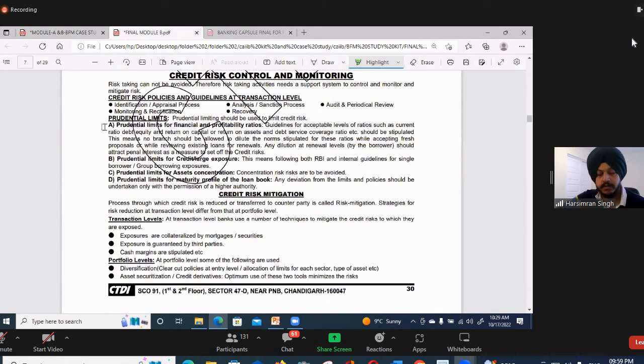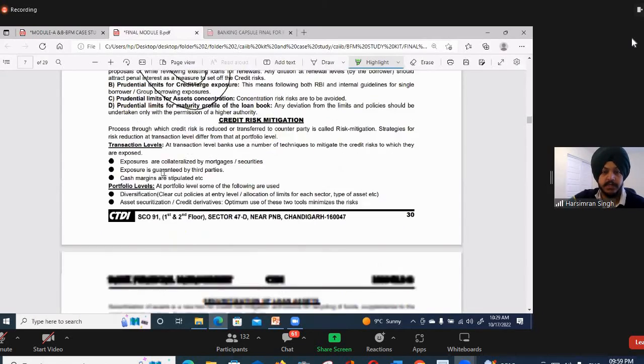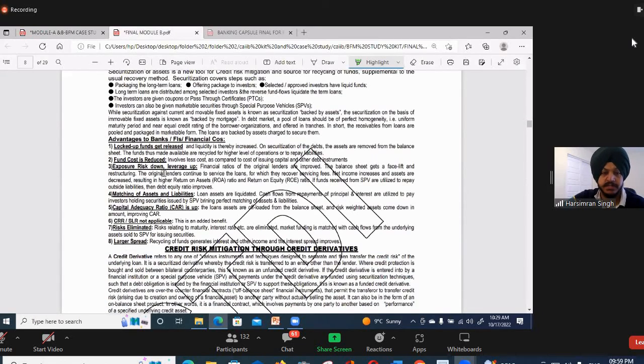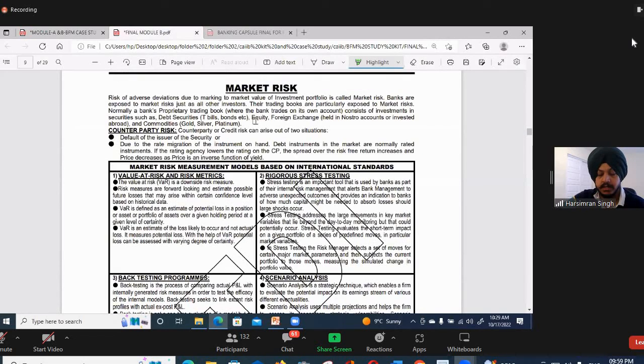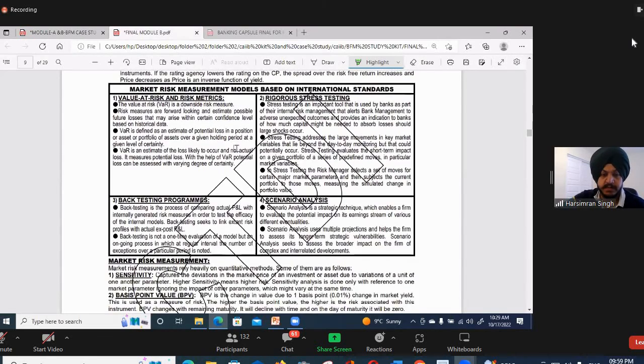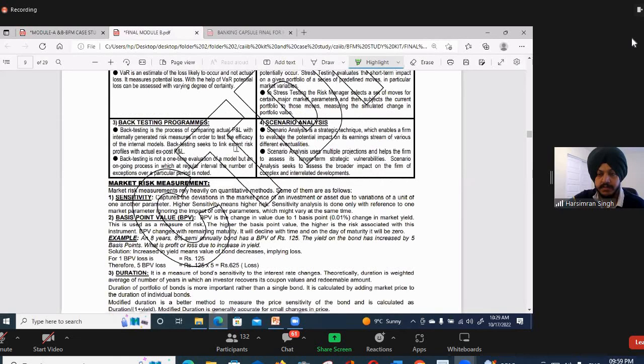So tomorrow one additional case study on IRB, and then we will do how to reduce credit risk, including securitization and credit derivatives. We will also finish operational risk tomorrow, and if time remains we will start slowly with market risk.